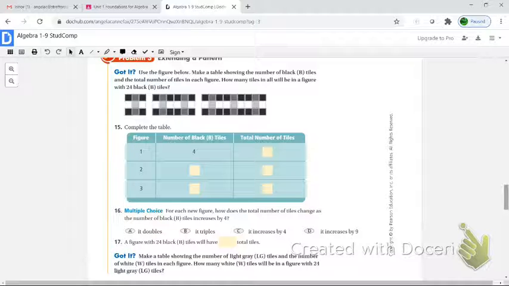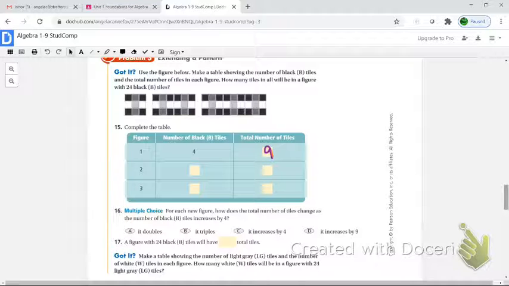Okay, so if you look, and yours I know is not in color, but the grayscale is lighter. There is a light gray square in the center and two darker gray squares on either side of it. And then there's 4 black tiles and 2 white. So in figure 1, there are four black tiles, and it looks like there are 9 tiles altogether.